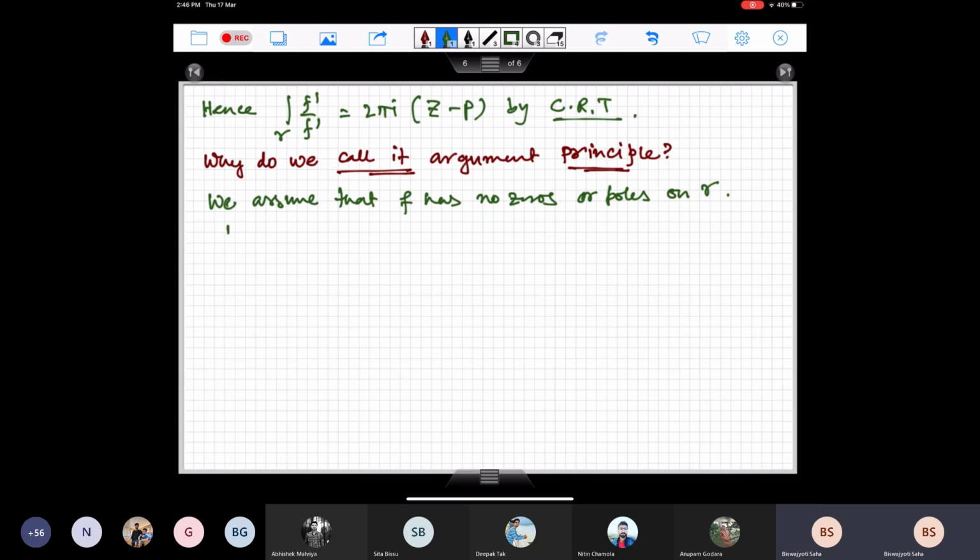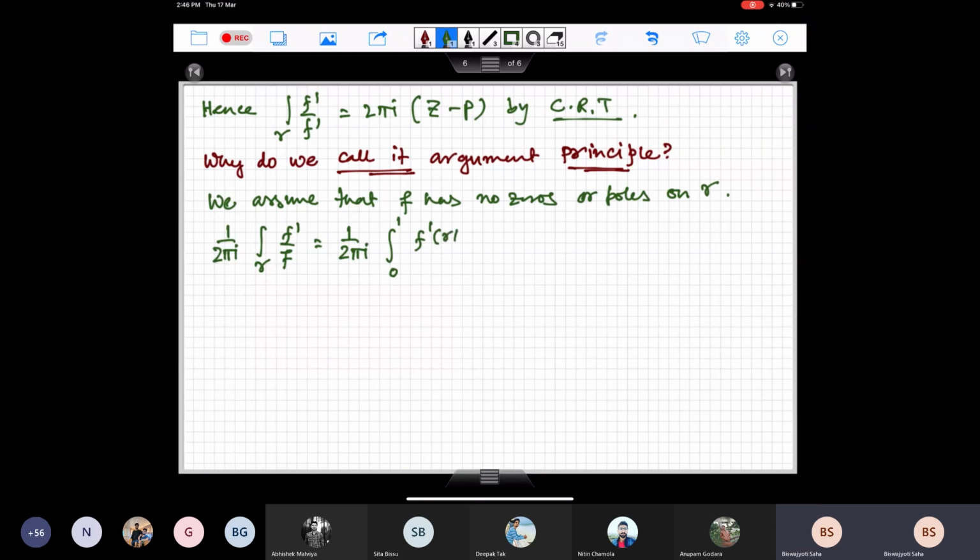Nevertheless, let's write down what this integral is: 1 over 2 pi i times the integral over gamma of f prime over f. Let's say gamma is defined on the closed interval 0 to 1. Then this is 1 over 2 pi i times the integral from 0 to 1 of f prime of gamma(t) divided by f of gamma(t), times gamma prime(t) dt. Now I can actually write this as 1 over 2 pi i, integral from 0 to 1.